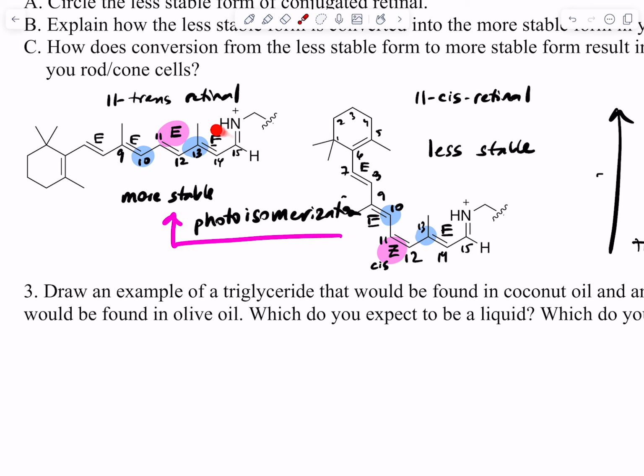But once the molecule is isomerized, your body actually has to go in and clip out that trans molecule, take it somewhere to a place called the retinal pigment epithelial cells, and they isomerize it from trans back to cis with enzymes. Then they package it back to the rod and cone cells and they load it in again. So each rhodopsin molecule has to reset after it absorbs a photon of light.